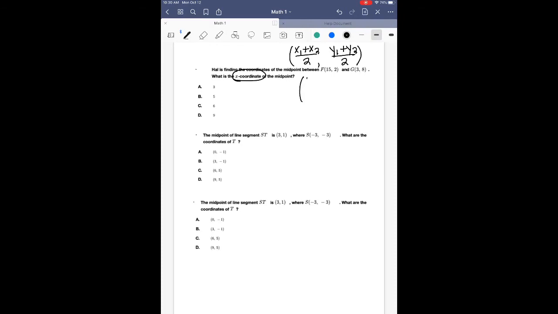So I'm going to add up 15 and 3 and divide that by 2. Now, I could do my y's if I wanted to, but that's not what the problem is asking. It's only asking for the x. So 15 plus 3 is going to give me 18 divided by 2, and that's going to give me 9.